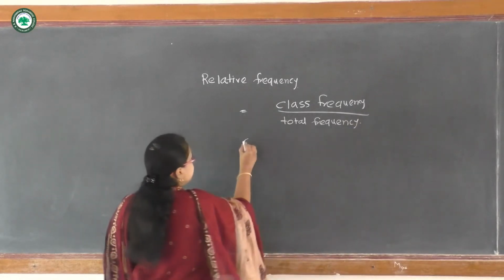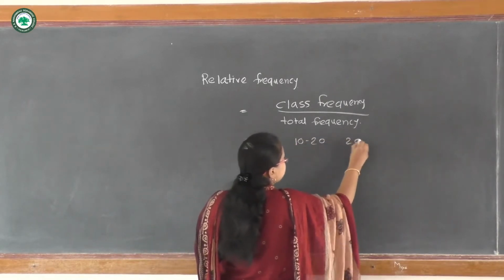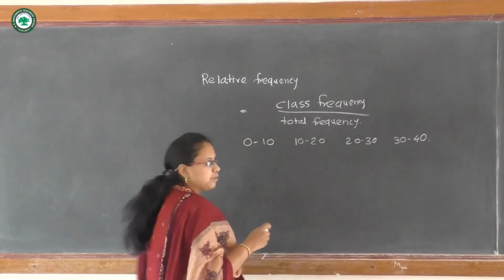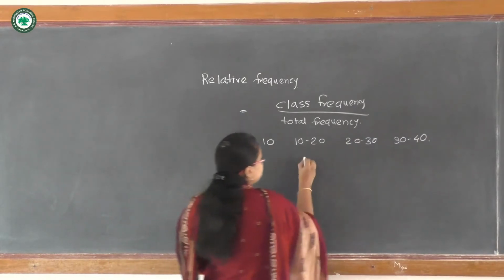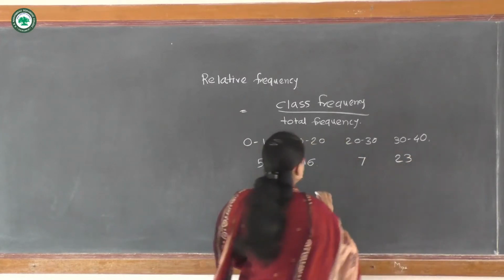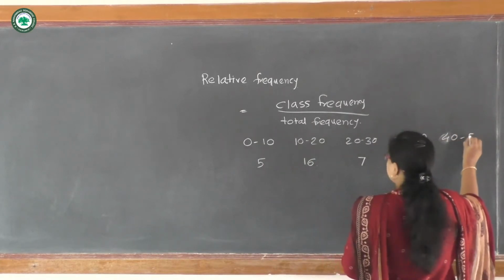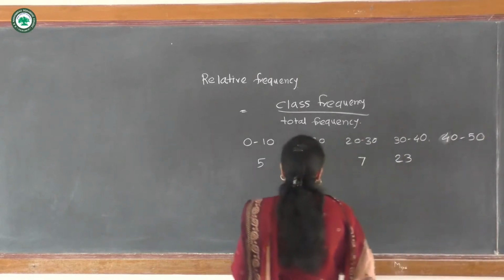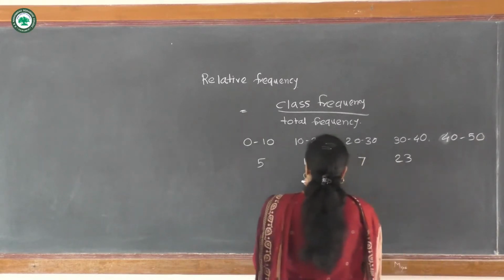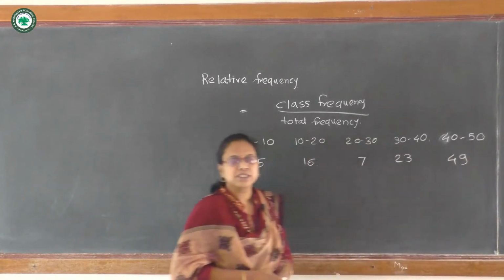Suppose the marks of students are given in this range, and the frequencies are given. So the total of frequency is 100.